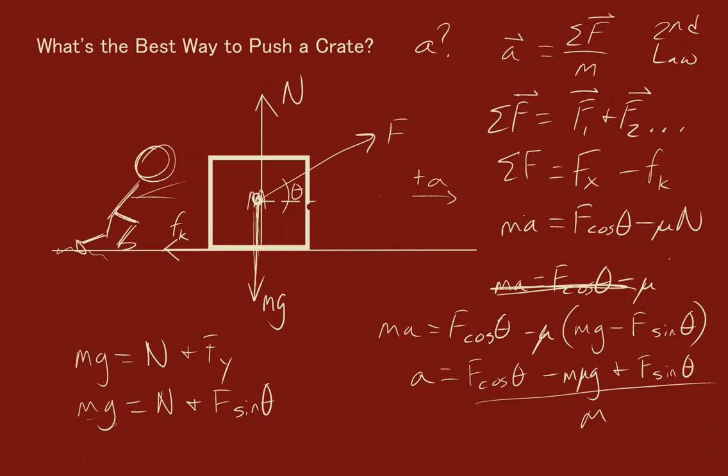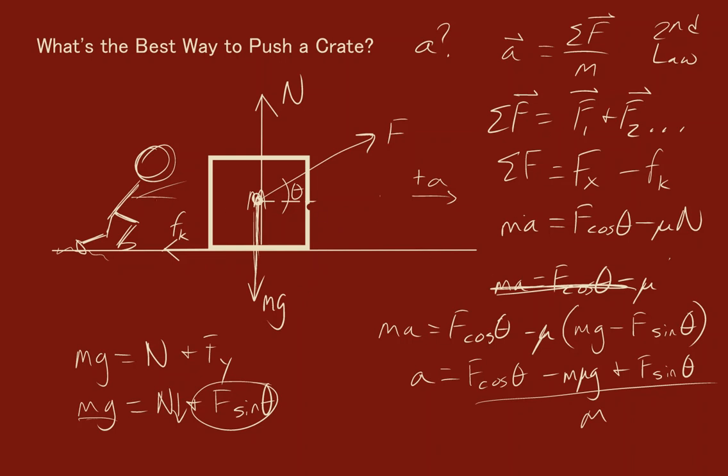Because again, the upward forces have to equal the weight. So if we add an upward component to our push, the normal would go down. The only issue here is if we can only push so hard, that's going to take away from the forward component of our push. So let me illustrate this here.